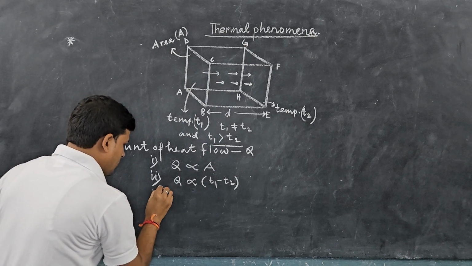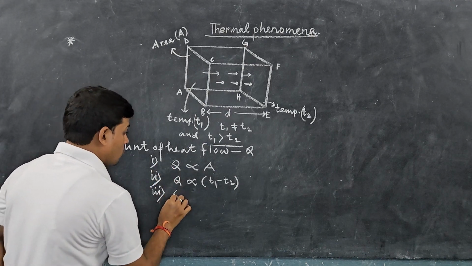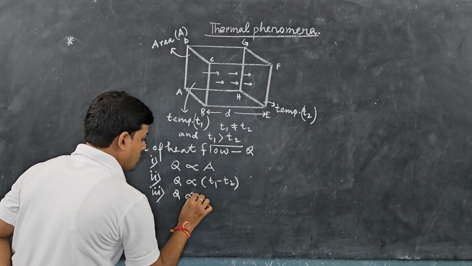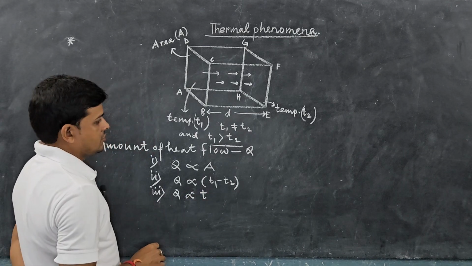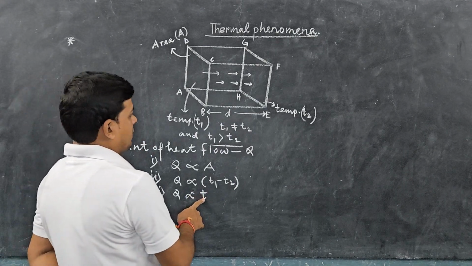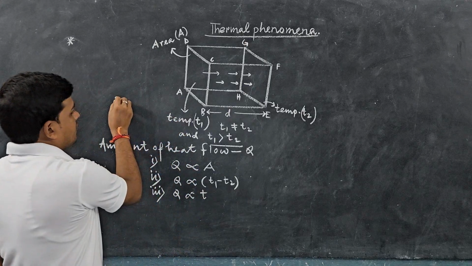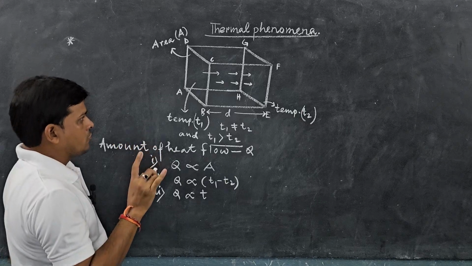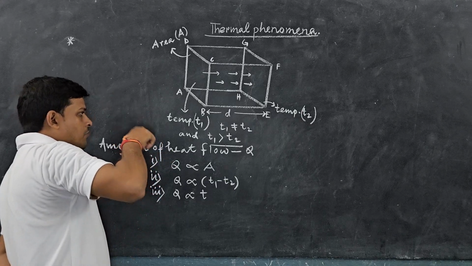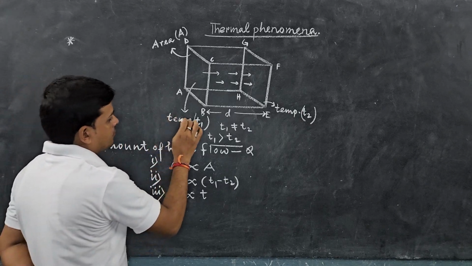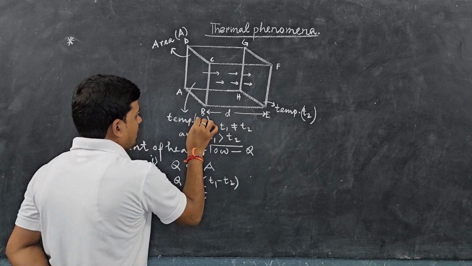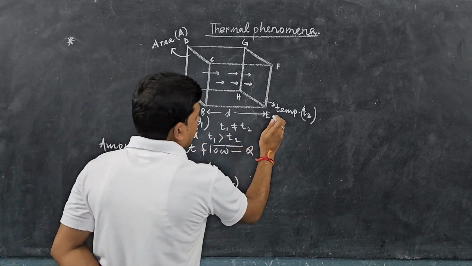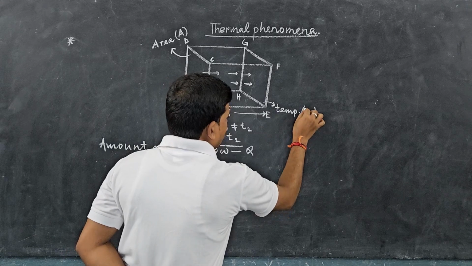Next, if the time of flow of heat increases, small t is the time here. To remove the confusion between the temperature and the time, we can represent the temperatures by using theta 1 and theta 2.